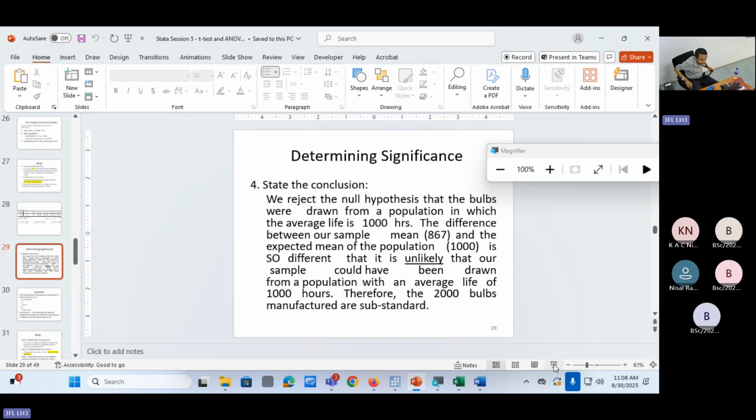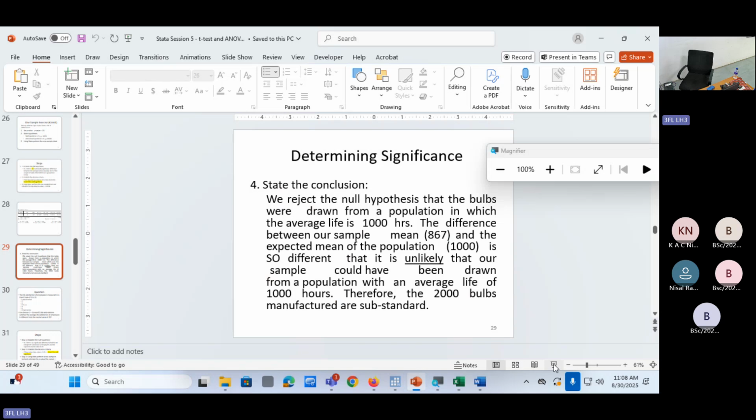What's your conclusion? You reject the null hypothesis that there is no significant difference between the sample mean and the expected burning time of 1,000. The sample mean of 867 is significantly different from 1,000, because you rejected that there is no difference.